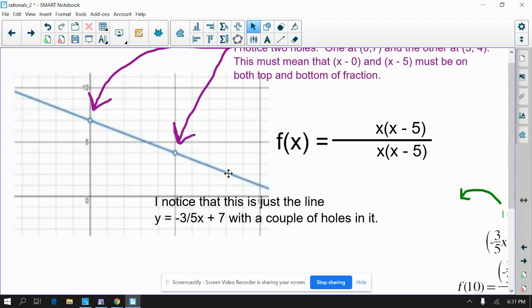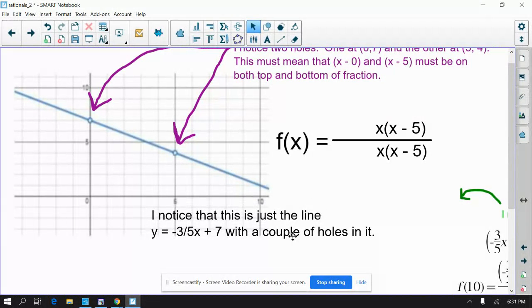So this really looks like a line of -3/5 x plus 7. And if you carry this line outward, you would have an x-intercept right there. The x-intercept would be whenever y equals 0 in solving for x here. So -3/5 x plus 7 would go in the numerator.